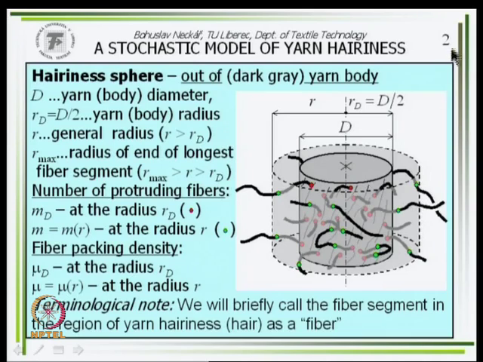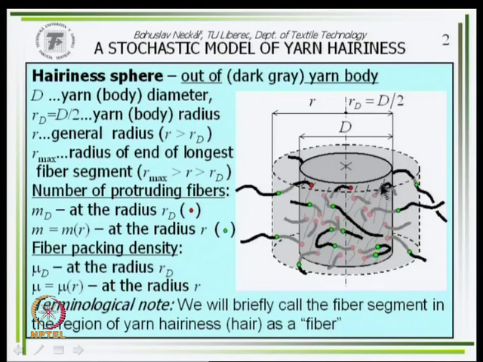On the general radius r, the number of protruding fibers is called m, and this quantity m is based on radius r. Intuitively we can say that with increasing radius, the number of protruding fibers decreases, isn't it? Number of our green points in our scheme. Acceptable, understandable.